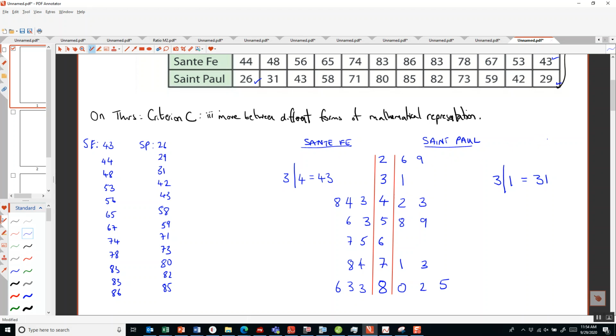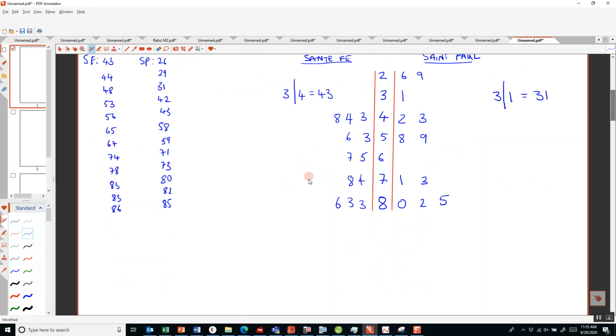Now we have to describe the temperatures in the two cities. So for part B, we have to describe the temperatures in the two cities. Well, what can we say about them?